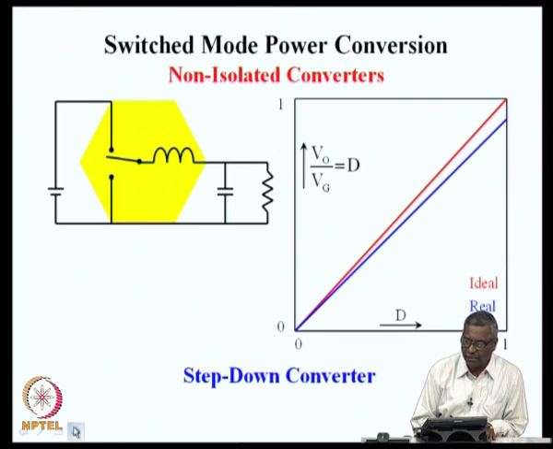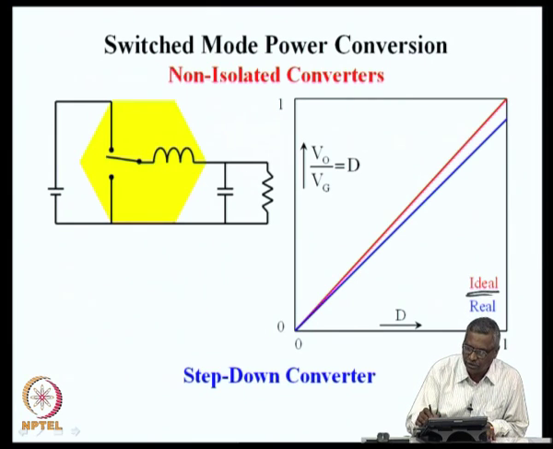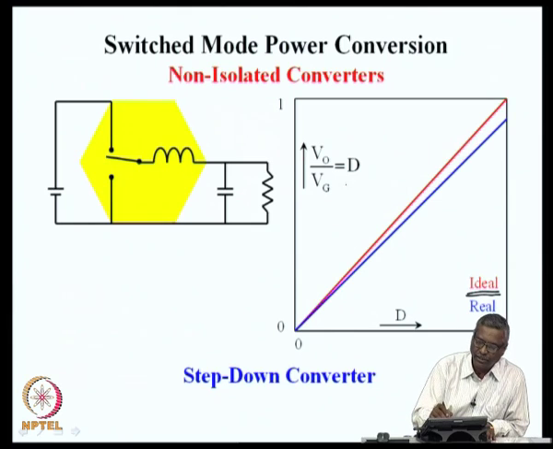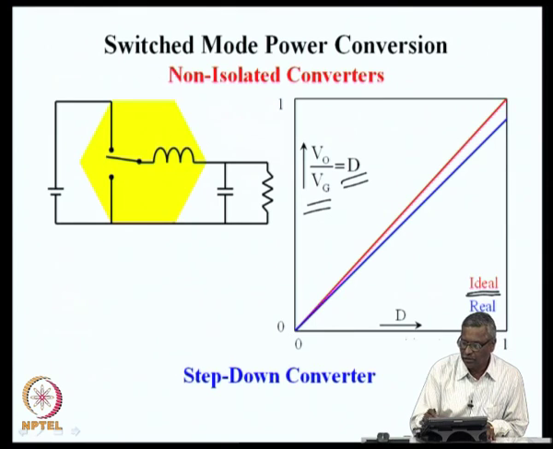Again, this slide also is about the voltage conversion ratio of the step down converter. What you see in the red line is the ideal voltage conversion ratio. It is a function of D. So, the voltage conversion ratio on the vertical axis is plotted as a function of the operating duty ratio. The red line is D, which is a 45-degree line.